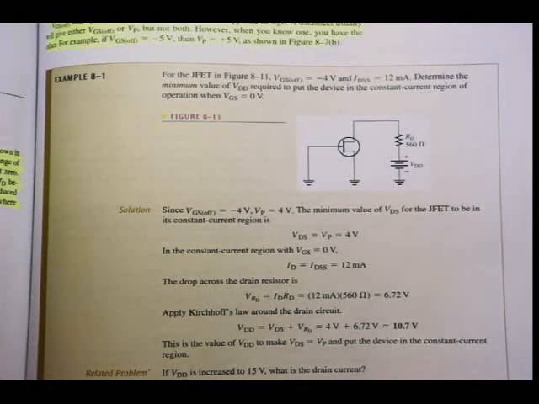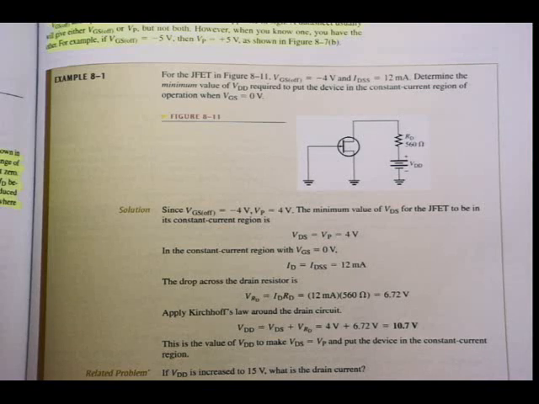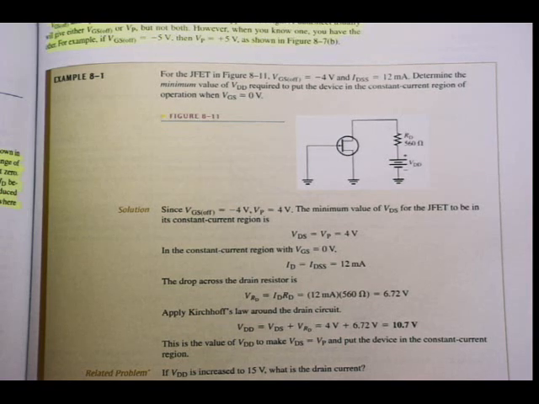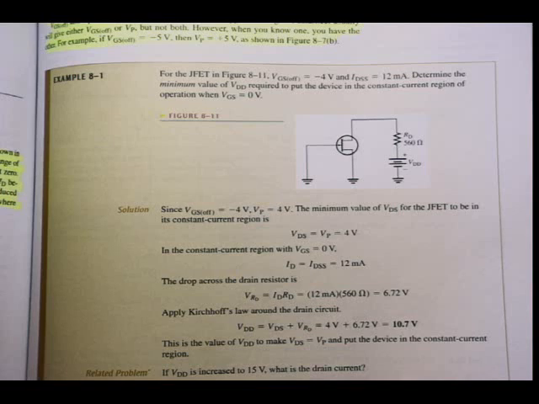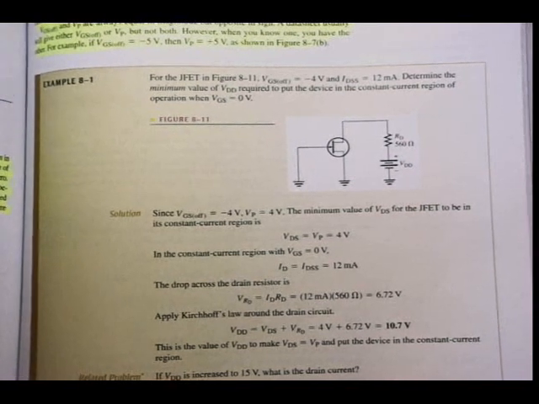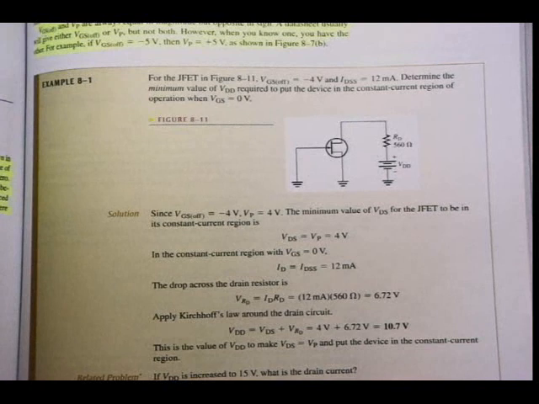Determine the minimum value of VDD required to put the device in the constant current region of operation when VGS is equal to 0 volts. So look at the solution. The very first statement that he makes is, since VGS off is minus 4 volts, V pinch-off is 4 volts. So the minimum value of VDS for the JFET to be in the constant current region is VDS equal to V pinch-off, which is 4 volts.